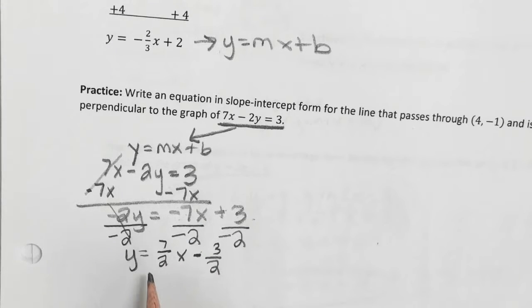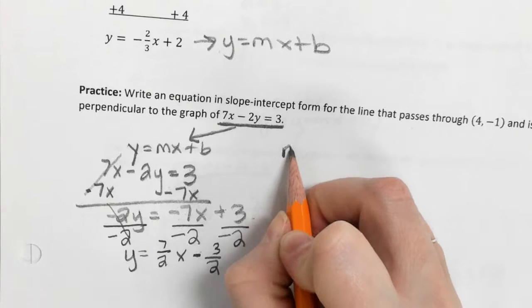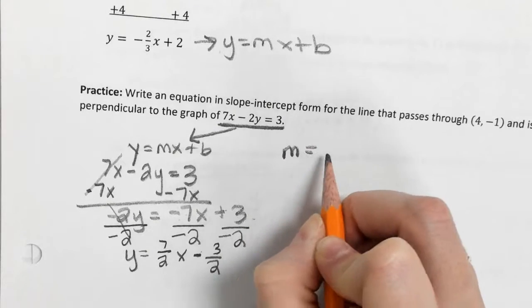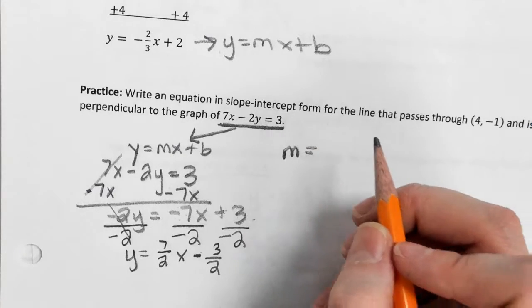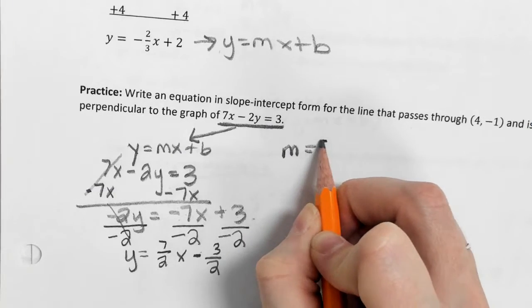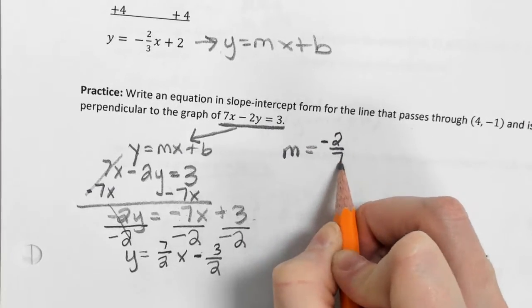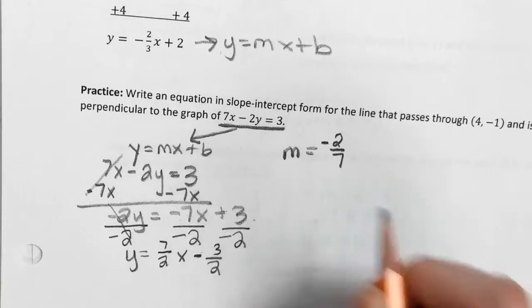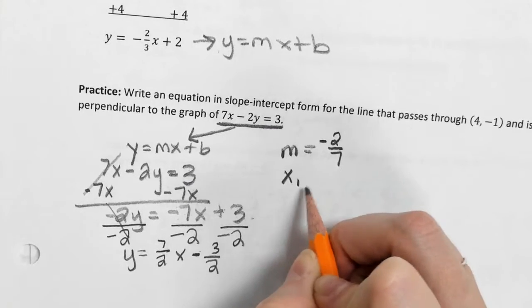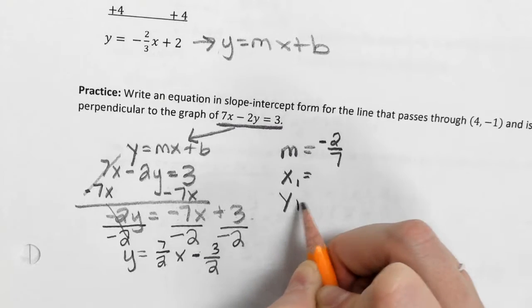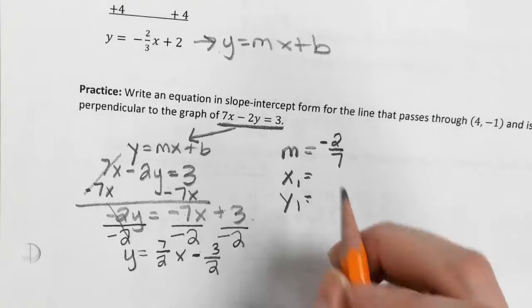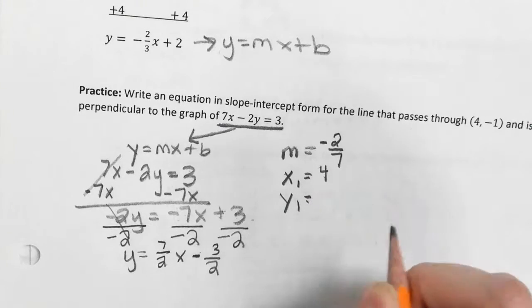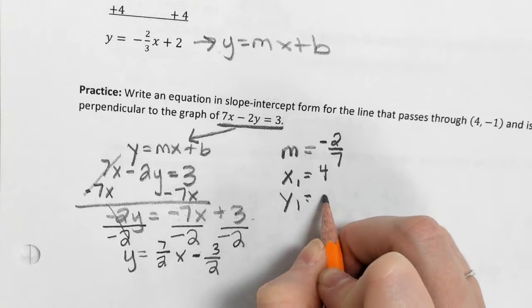So what is the slope for this equation? 7 over 2. So for my new equation for the line that's perpendicular, what does it need to be? Good. Negative 2 over 7. Opposite reciprocal. And then we have x1, y1. So x1 and y1 come from the ordered pair. x1 is 4. y1 is negative 1.